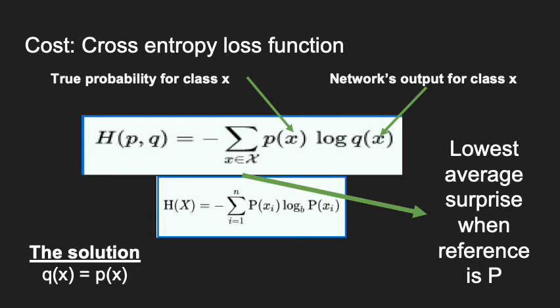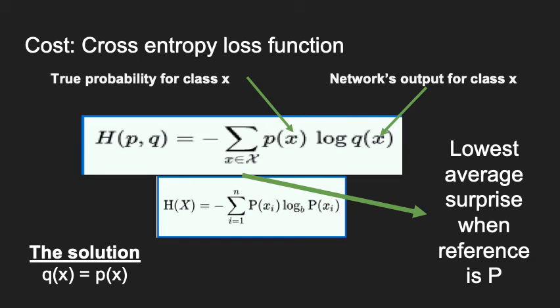So why is entropy so important? For us, it is because of cross-entropy. Cross-entropy is a loss function that allows us to compare the probability distribution that we have, the truth basically, in our training set, with the distribution outputted by the model. How we do that is very simple.